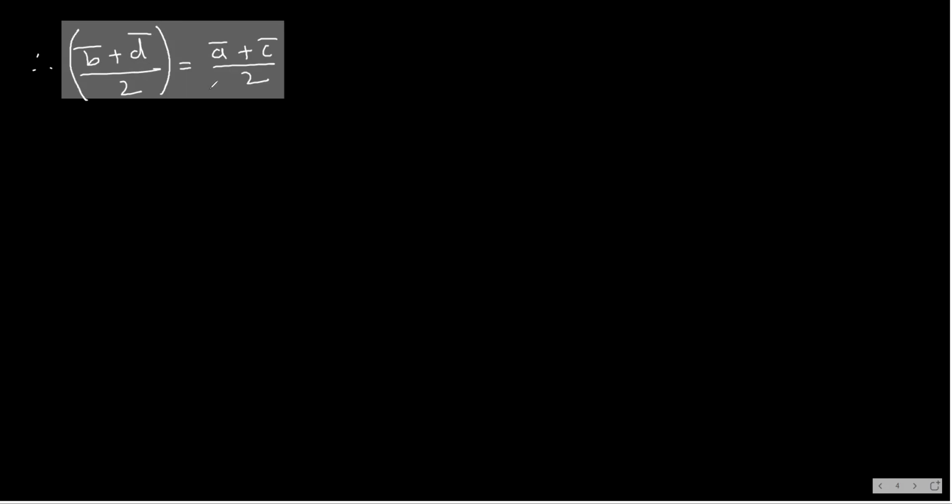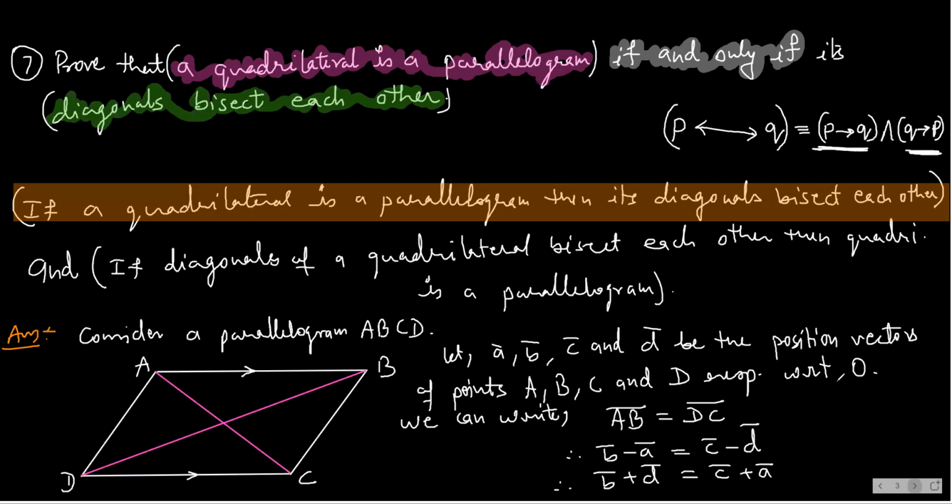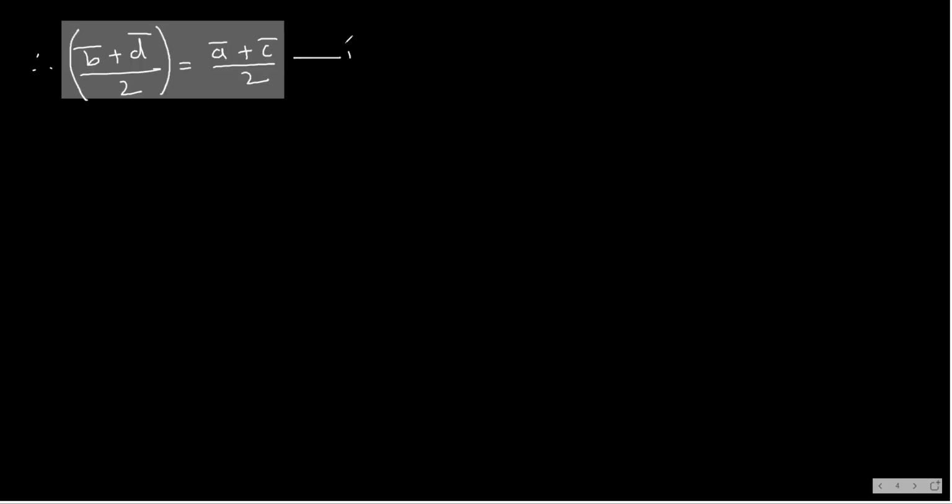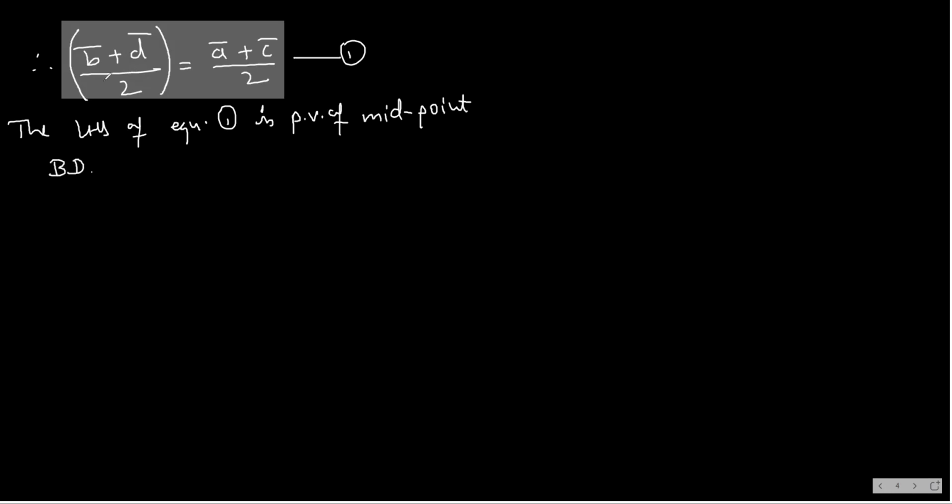Let me write this as equation number 1. So here I write, the LHS of equation 1 is the position vector of the midpoint of BD.